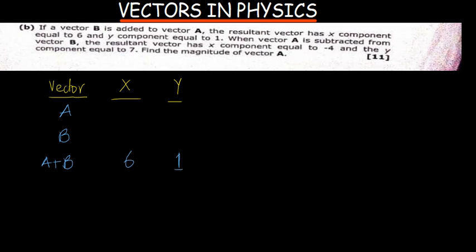And then when vector a is subtracted from vector b, is it b minus a or a minus b? Vector a is subtracted from vector b. Which one of these two conditions?